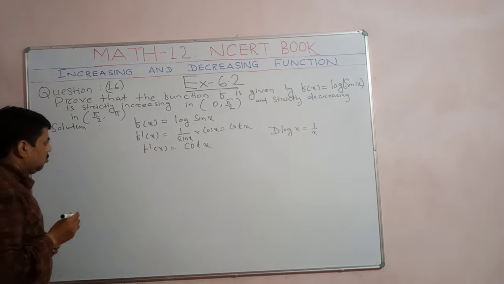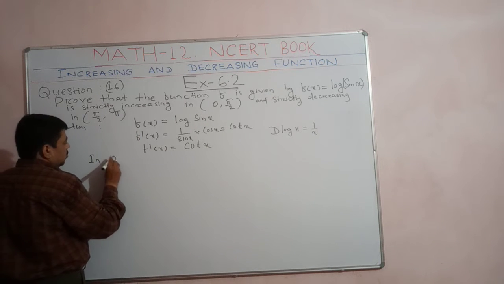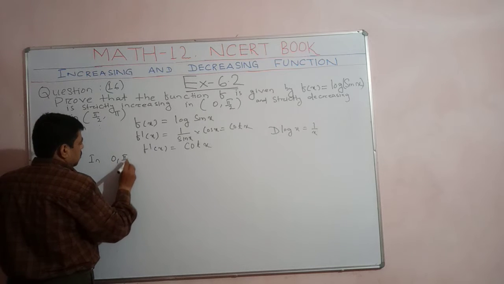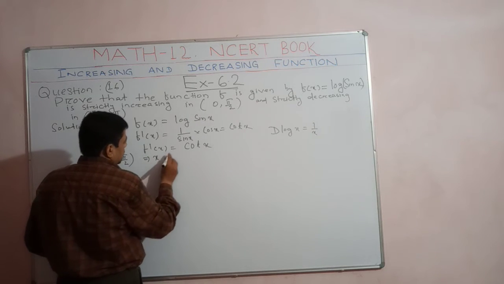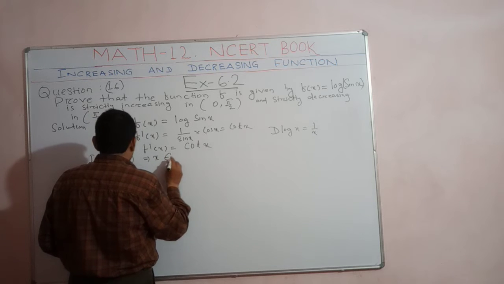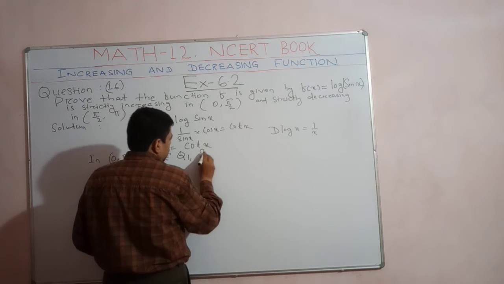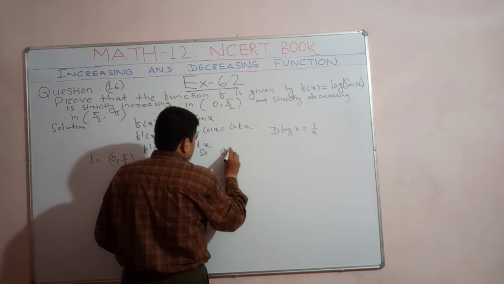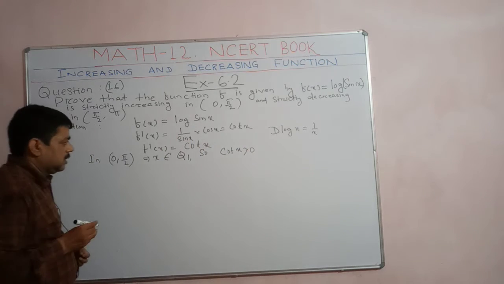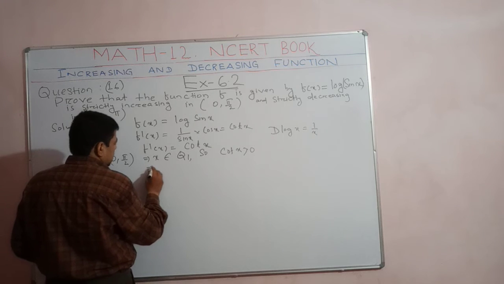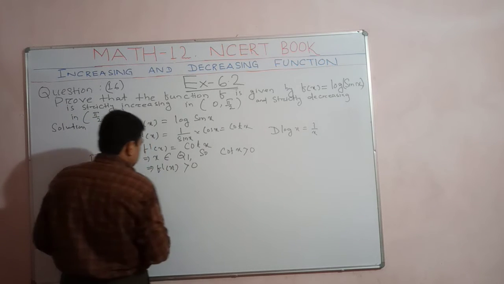Okay. Now we know that in the interval 0 to pi by 2, understand? You see, x lies in which quadrant? First quadrant. So, in the first quadrant, cot x is greater than 0. That implies f dash x is greater than 0.